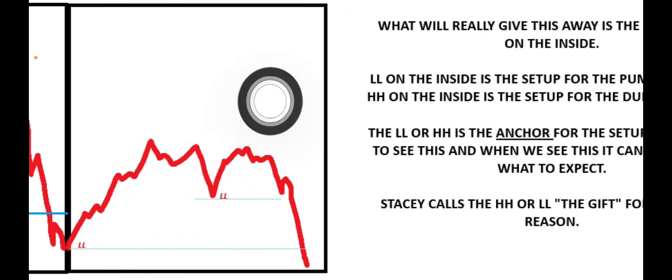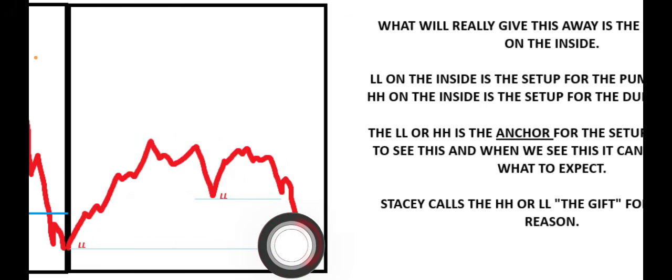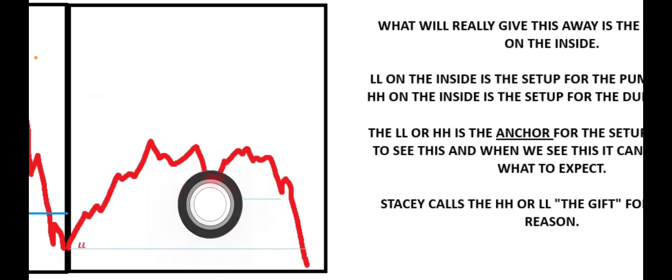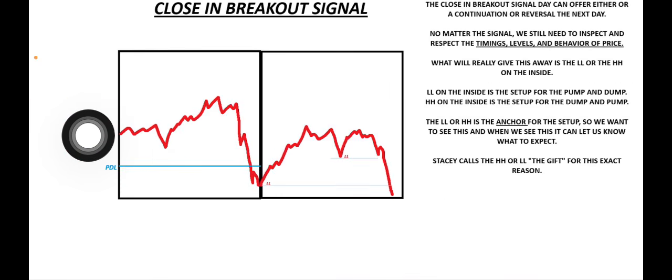Okay, here's the front side of this move. Here's the back side of this move. We are alerted to this from the lower low on the inside. Okay, so that is sort of how and why we are identifying or looking for lower lows or higher highs, whether they're on the inside or not.